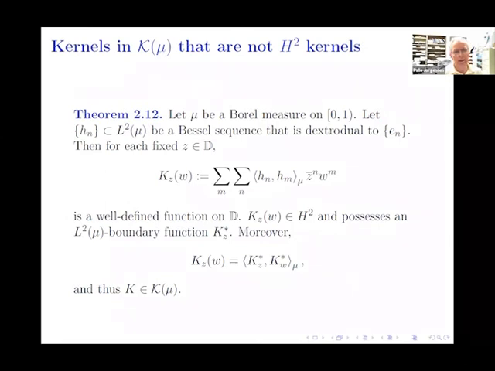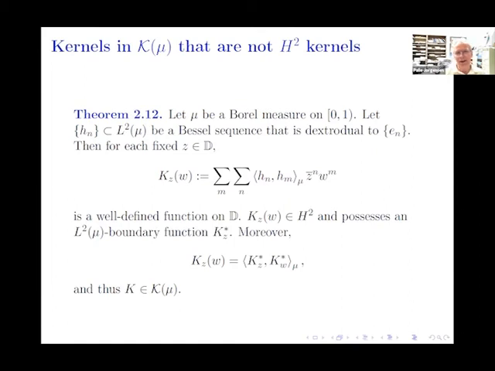And this one here is a little bit different from the one I mentioned before, because the one I mentioned before, remember, said start with a singular measure here. Here I just say start with a Borel measure, normalize and so on. And start with a sequence inside L2 mu that's a dextrodual to En.